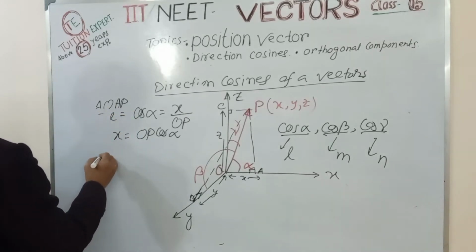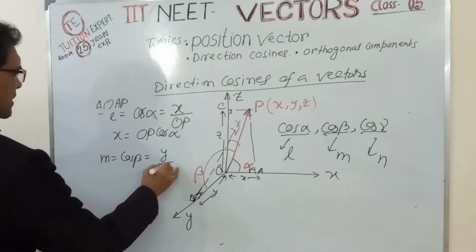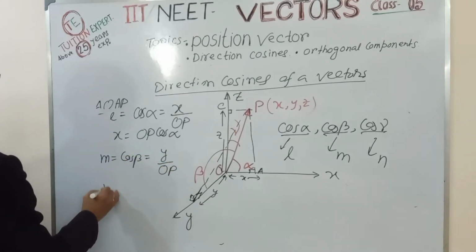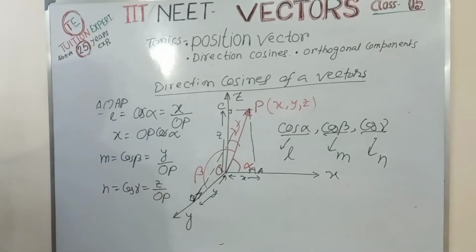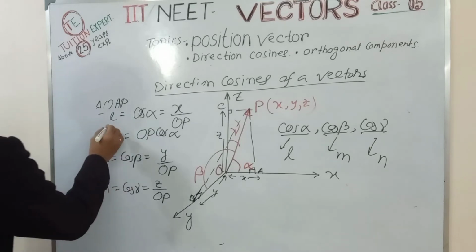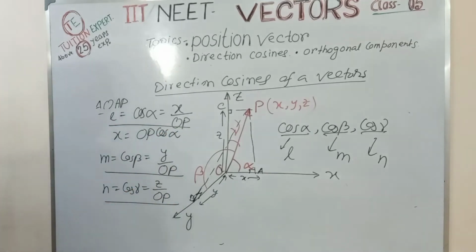Similarly m equals cos beta, which equals y by OP, and n equals cos gamma, which equals z by OP. So l equals this, m equals this, n equals this, and z equals this.